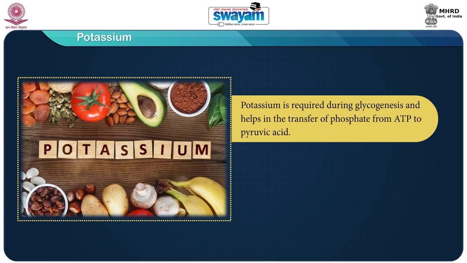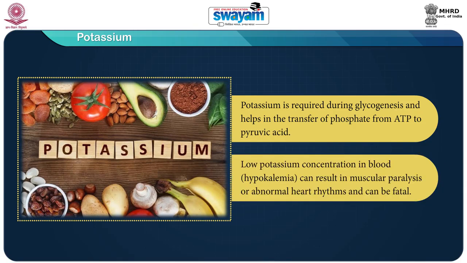Potassium is required during glycogenesis and helps in the transfer of phosphate from ATP to pyruvic acid. Low potassium concentration in the blood, that is termed as hypokalemia, can result in muscular paralysis or abnormal heart rhythms and can be fatal. So, this underlies the importance of potassium in the body.